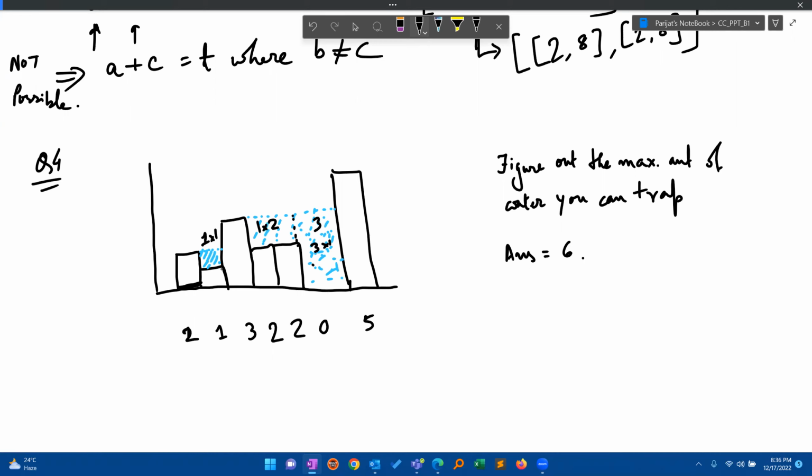So how do you solve the problem? Interesting problem, completely different from the previous one, though the inputs are similar.